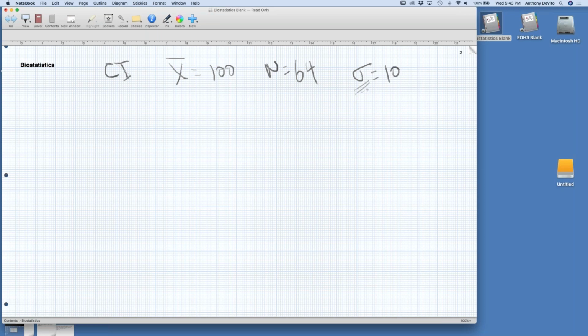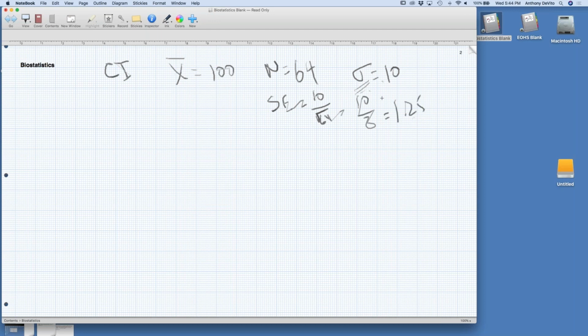That's unusual. Normally you wouldn't know that. If I told you that, you would then know that the standard error is going to be equal to 10 over the square root of 64, which is equal to 10 over 8, which is equal to 1.25.